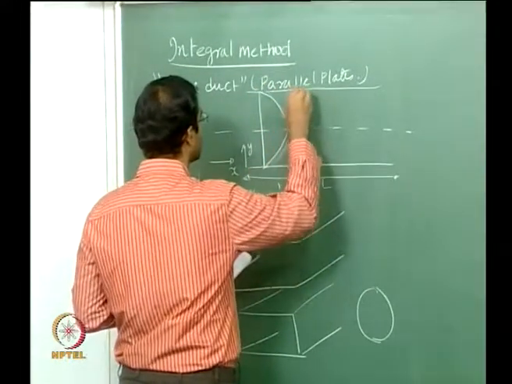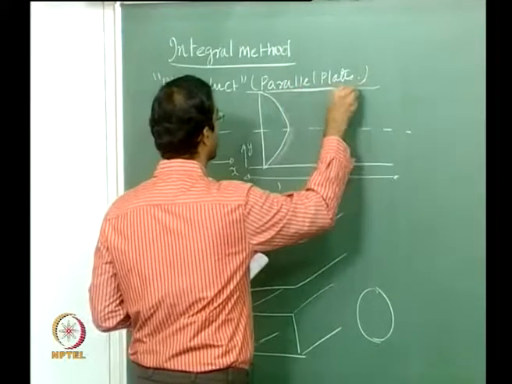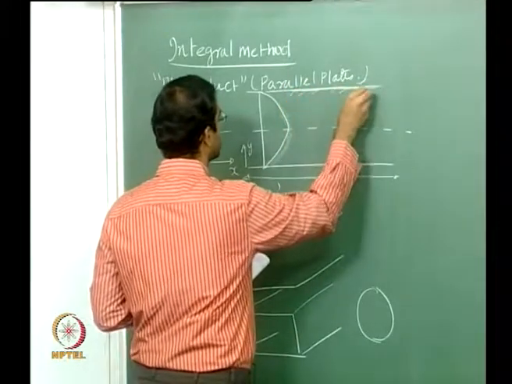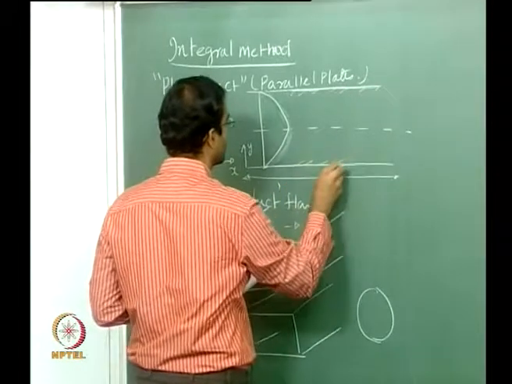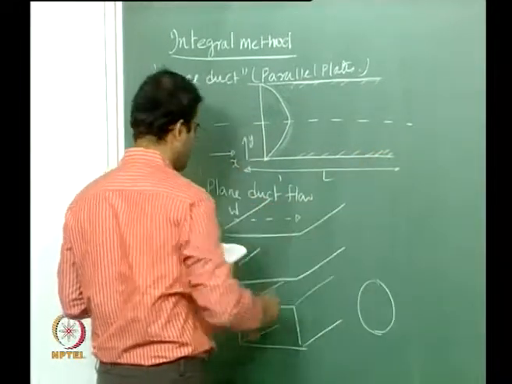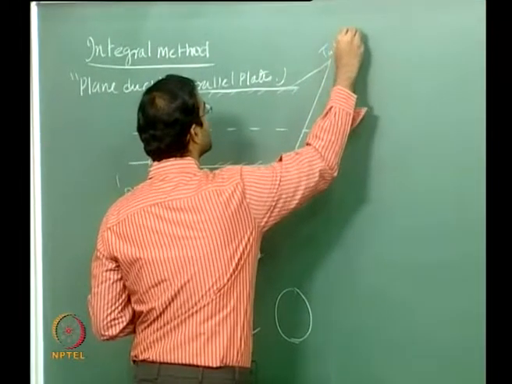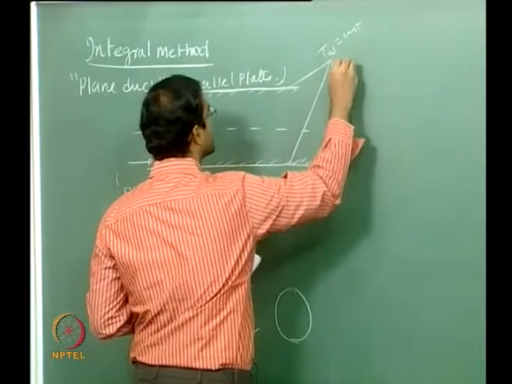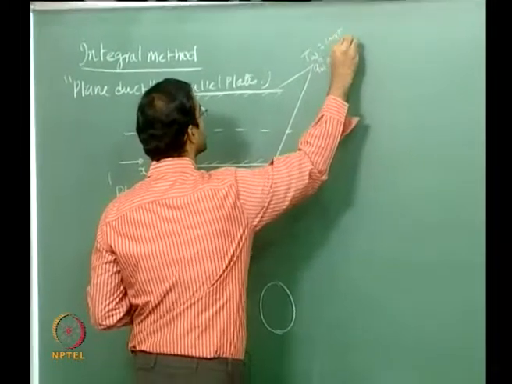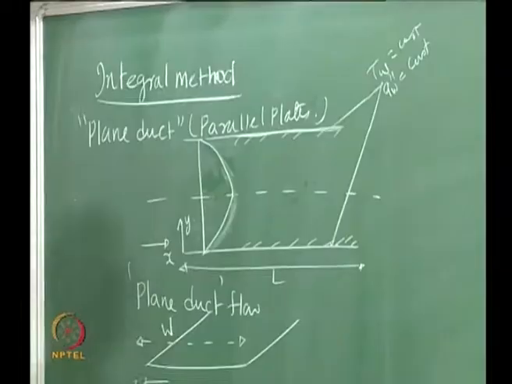And now if you start heating your plate from a certain location, either I can maintain a constant wall temperature or constant flux, and you can see that the thermal boundary layer will start developing.